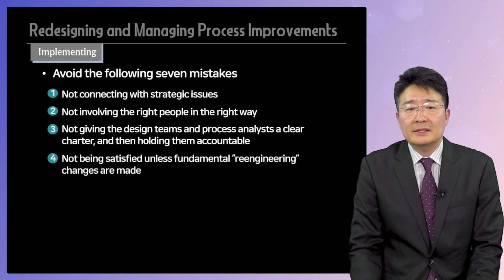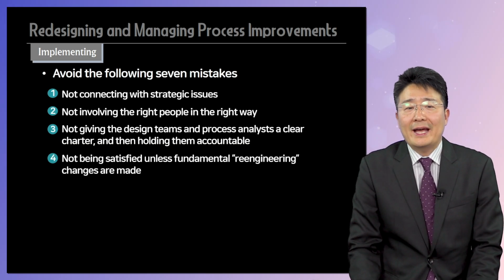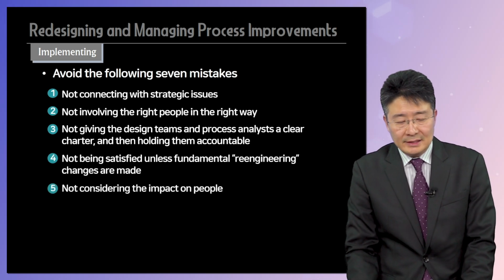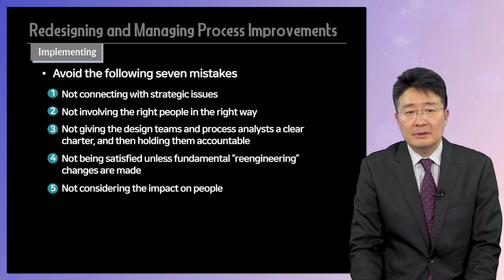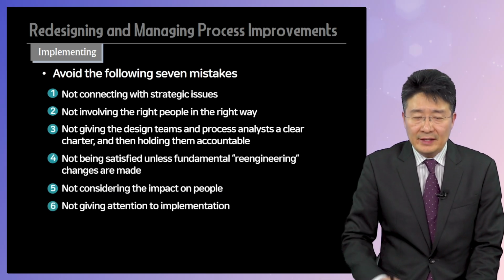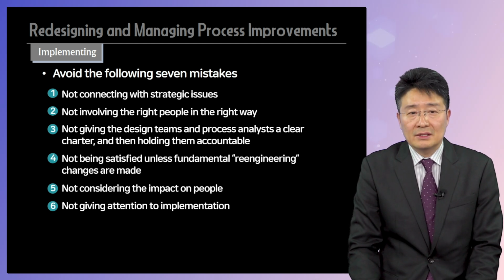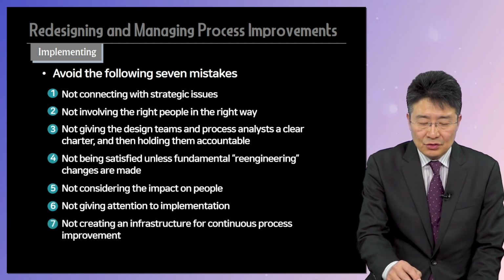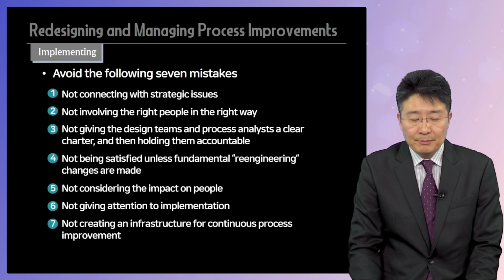Next, not being satisfied unless fundamental re-engineering changes are made. The next is not considering the impact on people, not giving attention to implementation, and not creating an infrastructure for continuous process improvement.